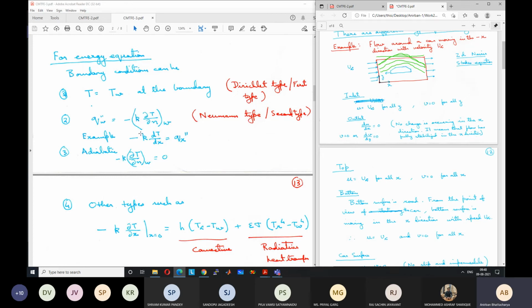So from this we can write the value of minus k dT/dx, and this can later be used to find the value of temperature. Although the temperature here is unknown, even at the boundary, this can be part of the equation where the temperature can be found because of this known value. This type of boundary condition is known as the Neumann boundary condition. First is Dirichlet, and the second one is Neumann boundary condition.